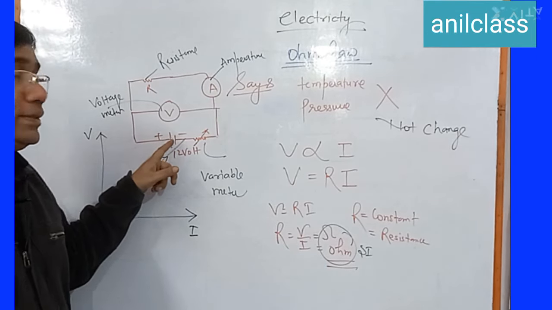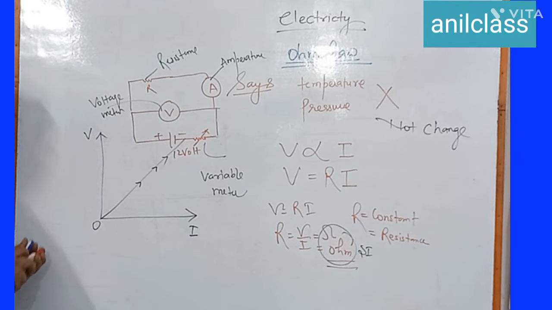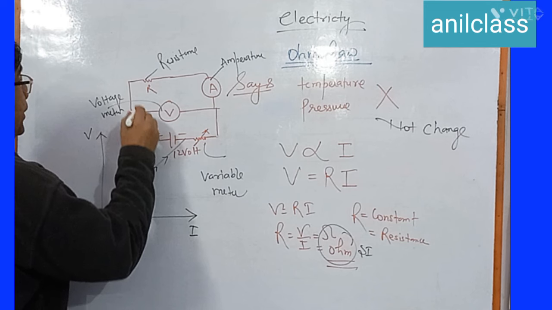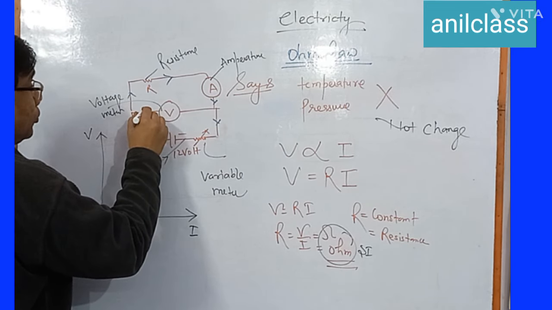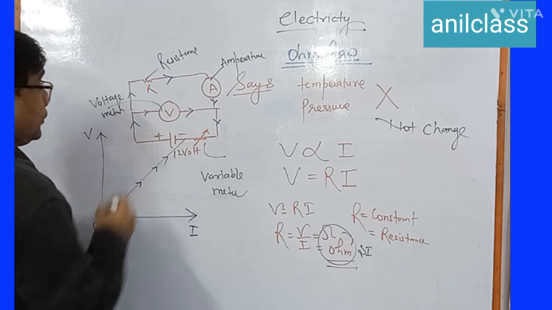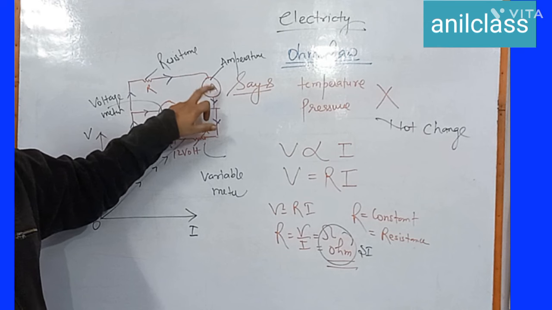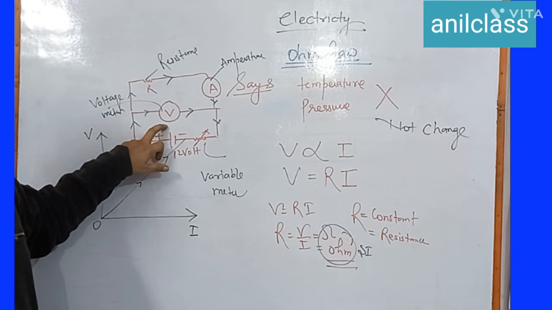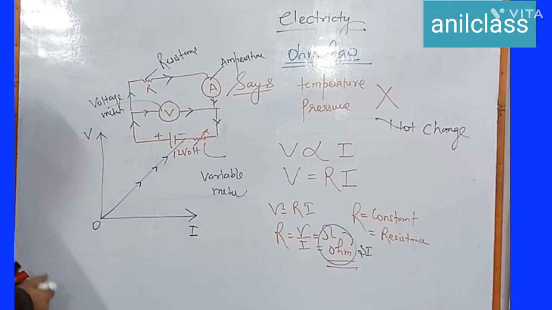When we connect this circuit to a 12 volt battery, the current flows here, also here, and reaches there. Now we read the value of I from this and V from this, and plot the values of this circuit.